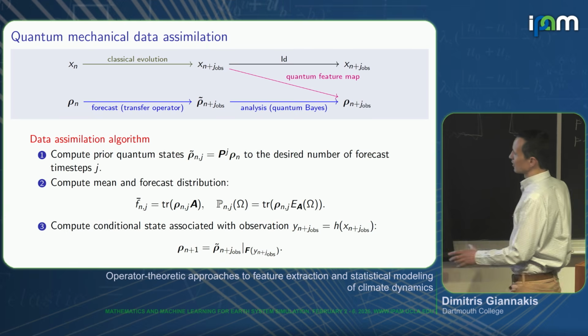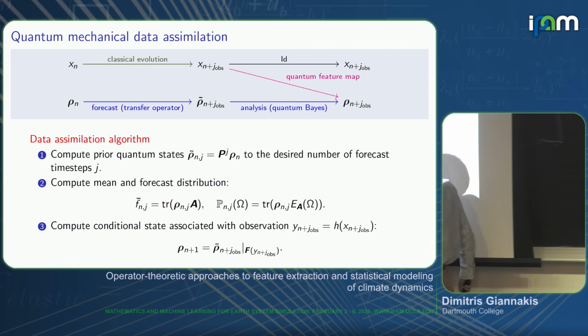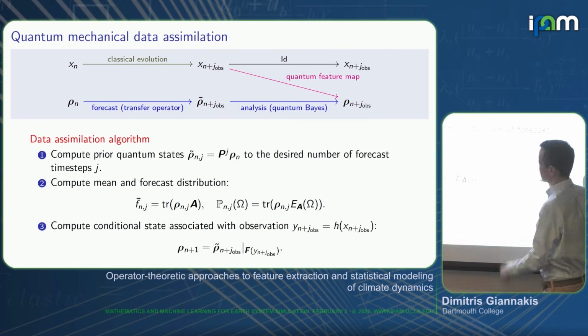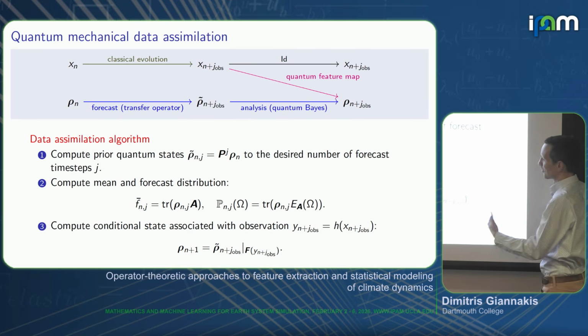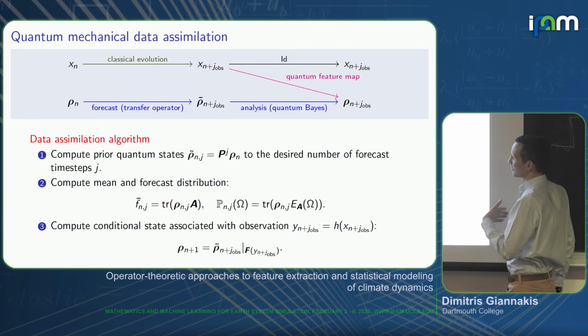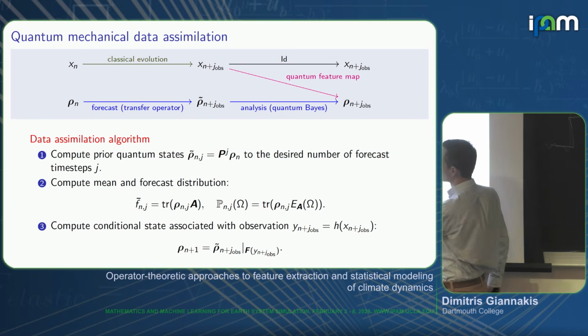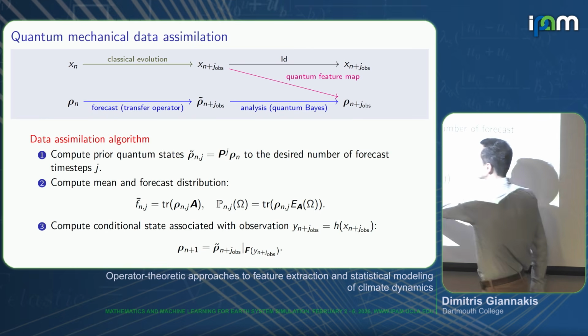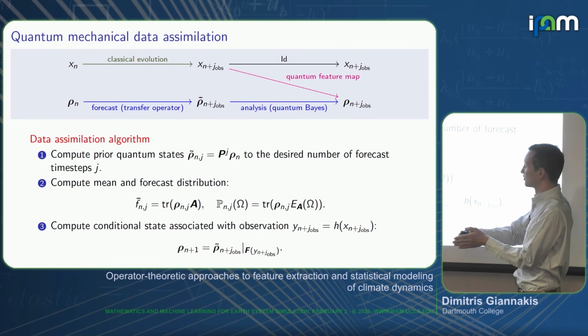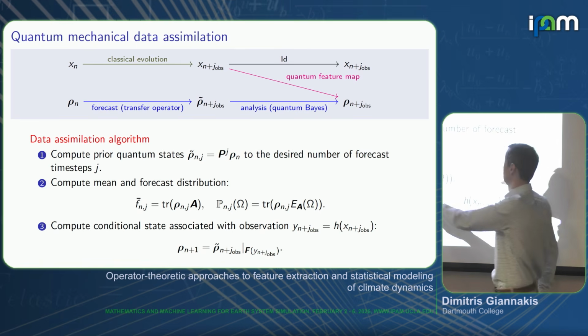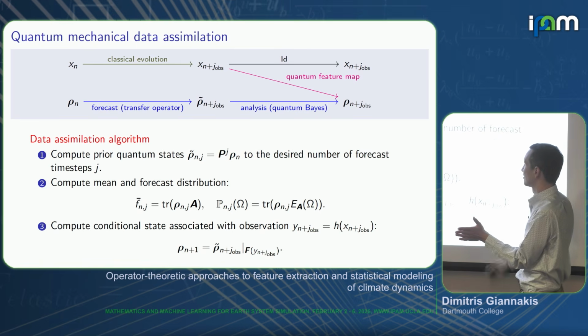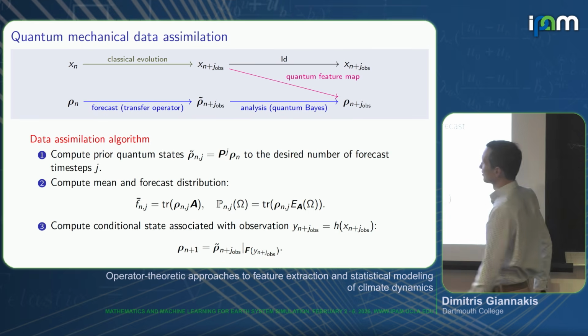What I will highlight here is that this method evolves a quantum state, so it can yield probabilistic predictions about arbitrary observables. What I'm denoting here, omega, would be, say, an interval. Say I want to find the probability that precipitation will exceed a certain threshold or temperature will be in a certain interval.